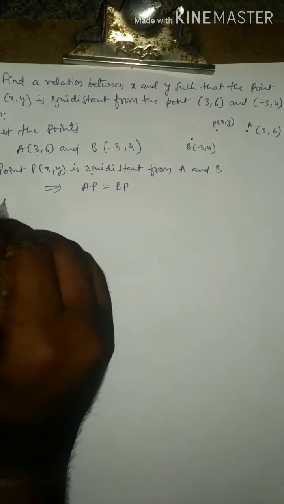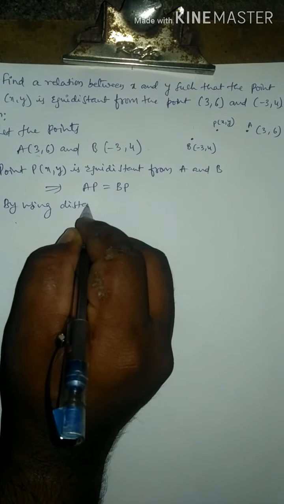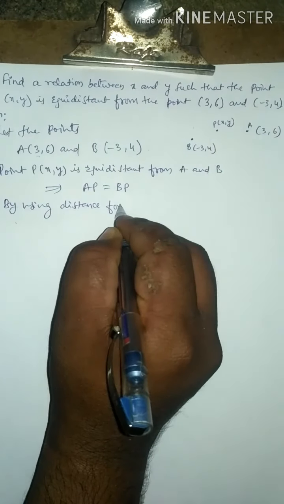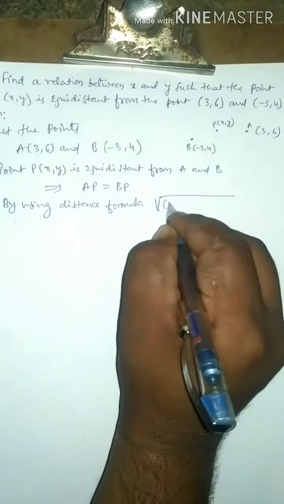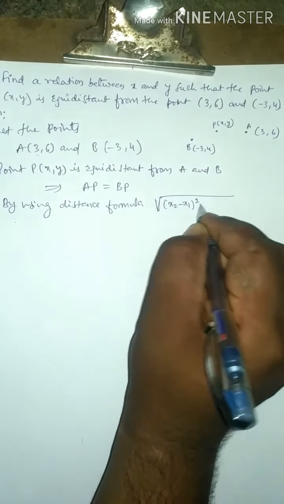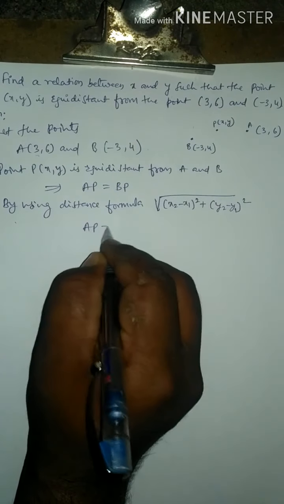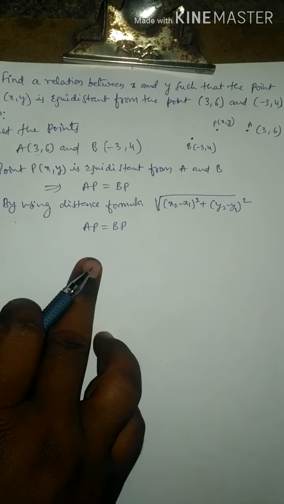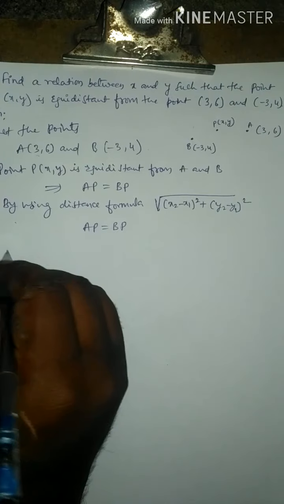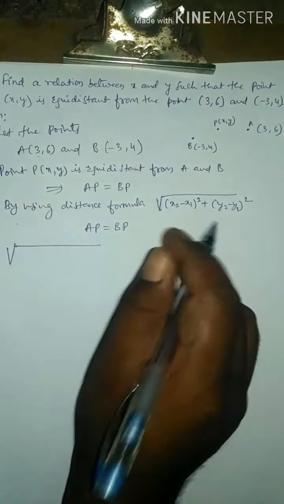So by using the distance formula, what does the distance formula say? Under root x2 minus x1 whole square plus y2 minus y1 whole square. So here we have to find out AP is equal to BP. This is our condition. So to find AP we have to use the distance formula and identify the result, and for BP we have to find the distance from B to P.